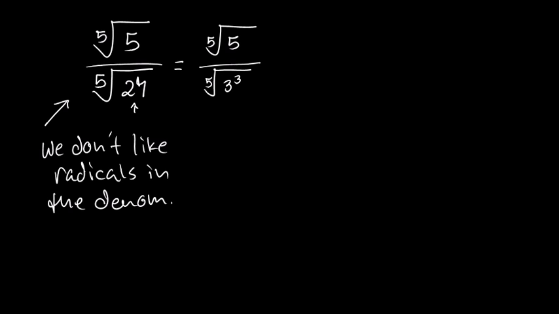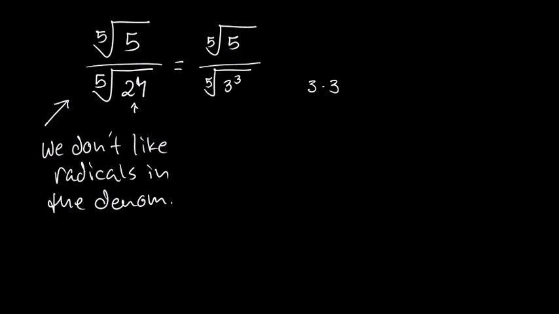Rationalizing the denominator means that I am getting the radical, in this case the 5th root, out from underneath the denominator, and somehow I'm going to be able to put it up top with that 5. So the question here is, in order to get rid of a 5th root, I need to take a 5th root of something. Well, I only have 3 cubed here.